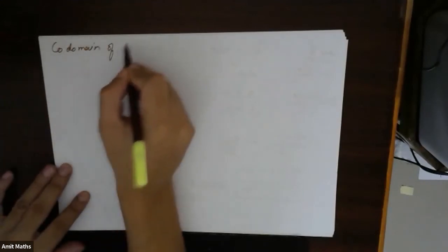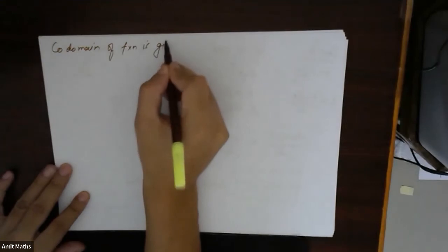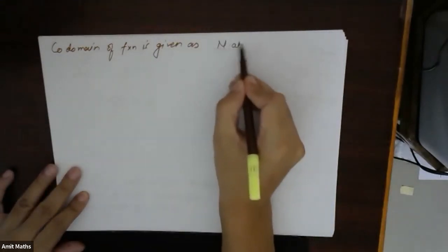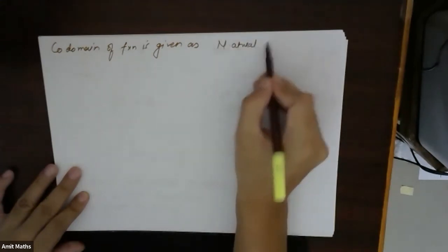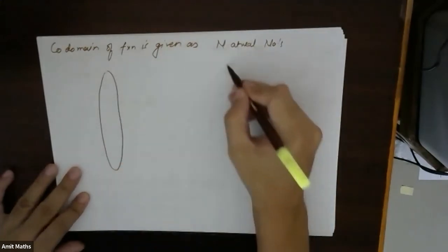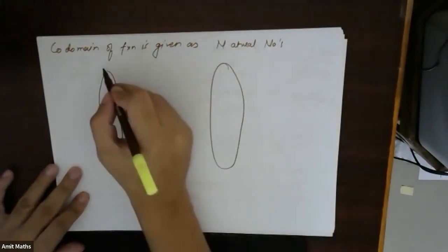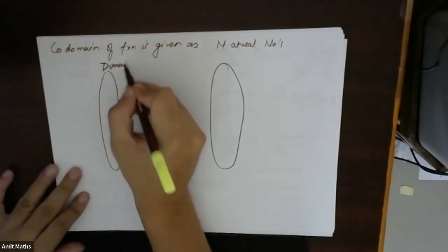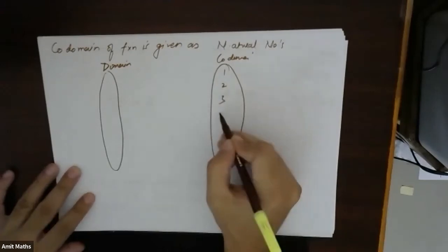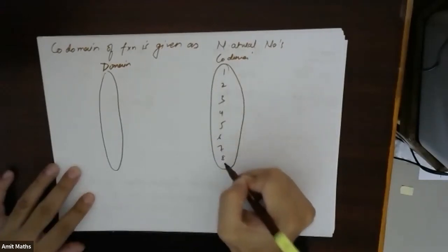Now the second part of the question was to find whether the function is surjective or not. To find that, the codomain of the function is given as natural numbers. This is the domain, this is the codomain: 1, 2, 3, 4, 5, 6, 7, 8 and so on.